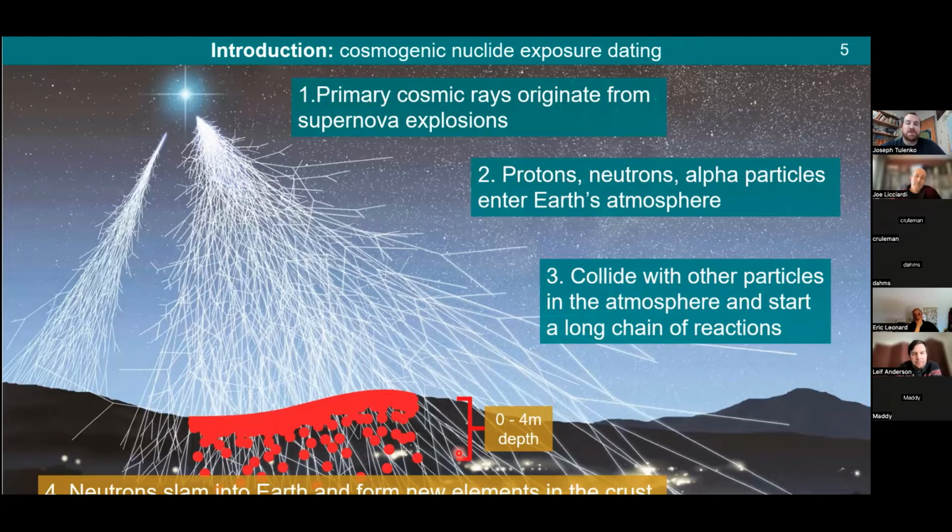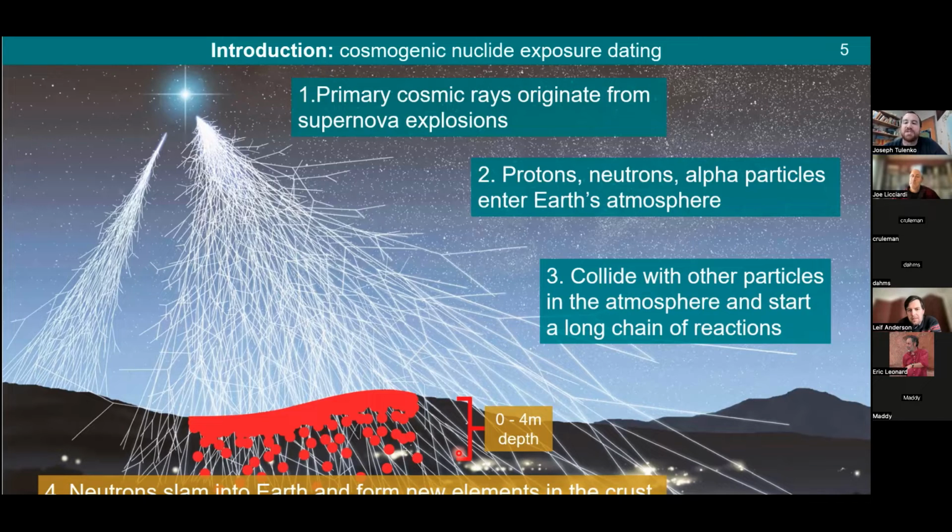Briefly, cosmogenic nuclide exposure dating relies on this process of our atmosphere being constantly bombarded by primary cosmic rays that originate from far outside of our solar system, from these supernova explosions. The rate at which the cosmic rays are bombarding our atmosphere is somewhat constant through time.